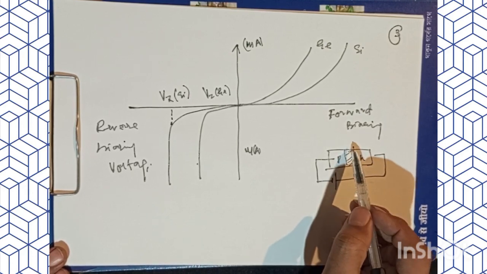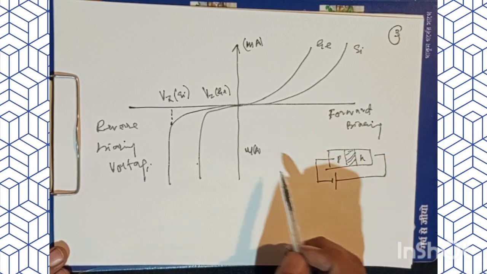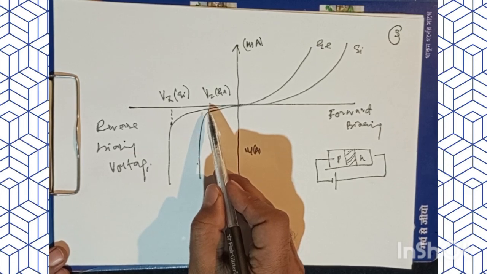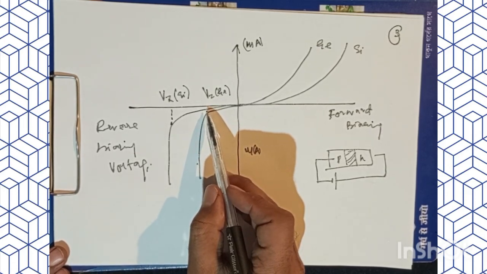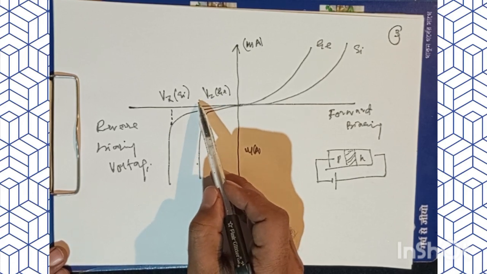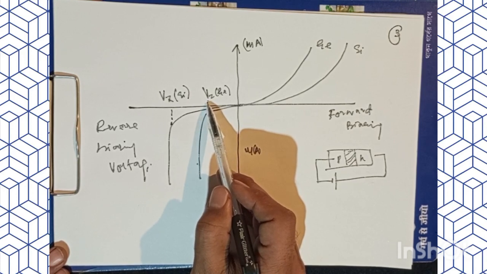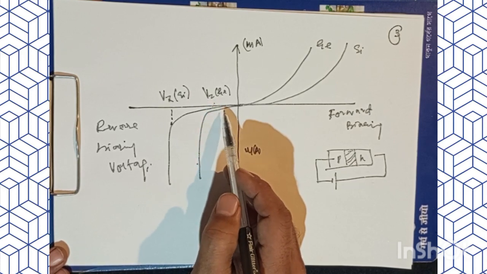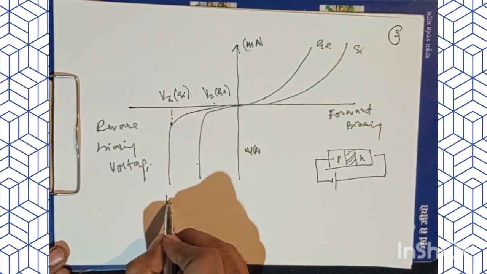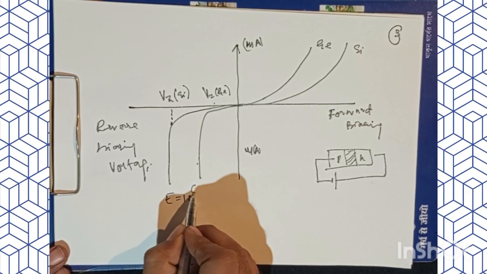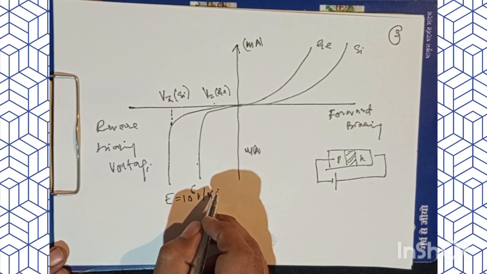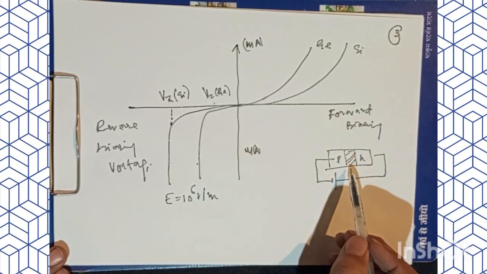When we increase the reverse voltage to the value of voltage equal to Vz, say for example in the case of germanium, a very strong electric field of the order of 10 to the power of 6 volt per meter is set up across this junction.